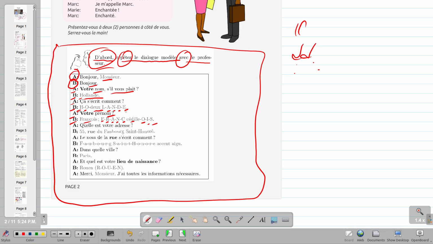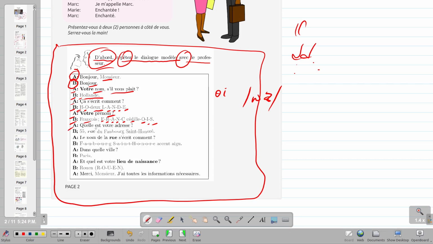So now you can see where all those things we learned in Unit 1 about pronunciation and pronunciation tips, you can see we're bringing them in together. François. We learned that O and I is pronounced wa. François.